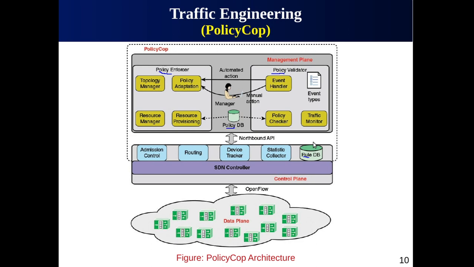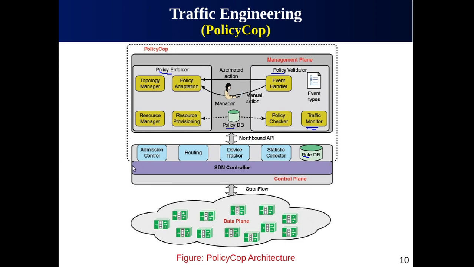And also we have the flow tables concept here. So flow tables in the data plane, but that is going to be based on the dynamic network traffic statistic. For that we have the traffic monitor. So let me briefly explain some of these modules.